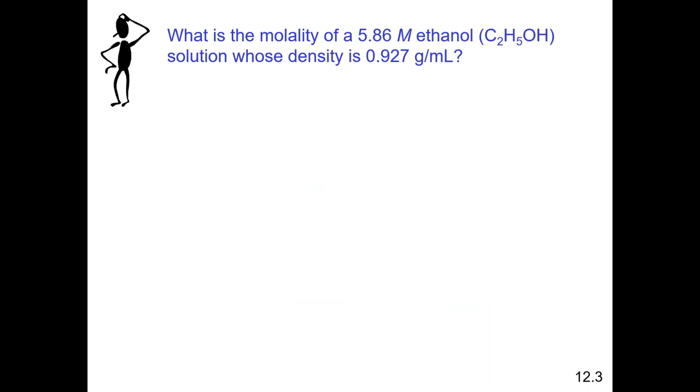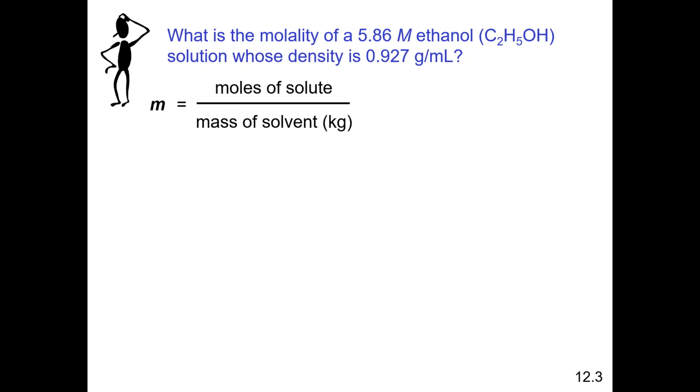Here is an example of a question involving what we just learned. The question says, what is the molality of a 5.86 M ethanol solution, whose density is 0.927 grams per mL?